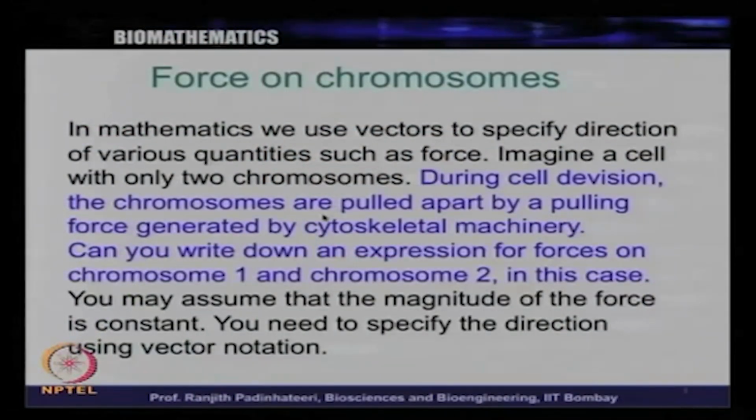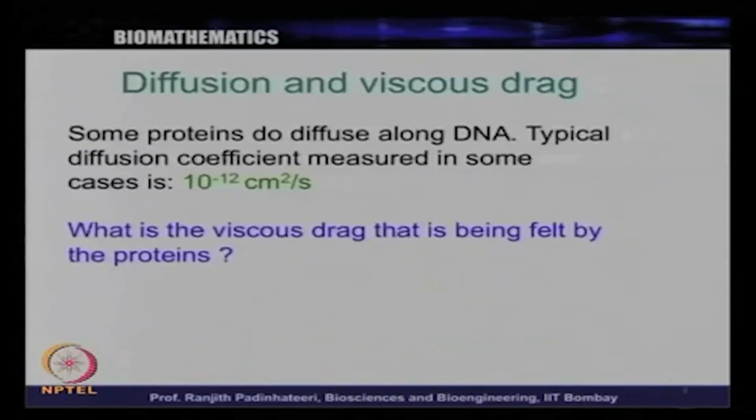Now, let us look at the next question on diffusion and viscous drag. Something we learned is about the diffusion equation. One aim here is to familiarize you with some numbers also. So, let us look at the question here.